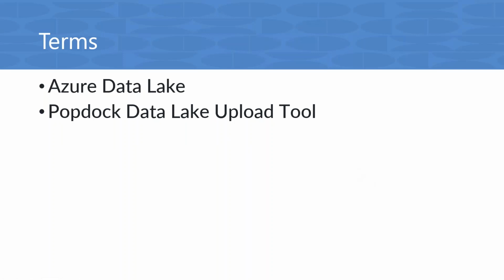So, first term is Azure Data Lake. This is maybe a new term to some of you. Maybe some of you have been using it for years, but to say it a different way, this is basically a storage account inside of Azure that allows us to archive all kinds of files, and it can be any type of file.